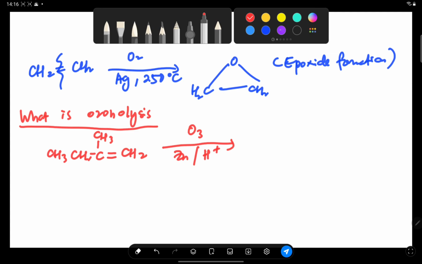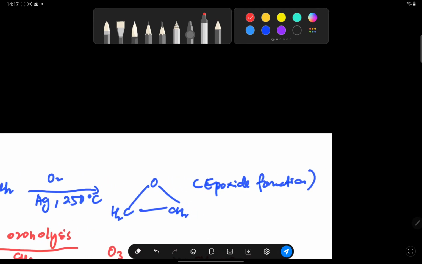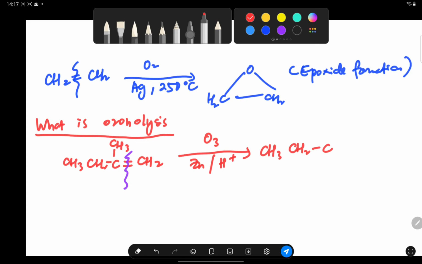So what happened here? What is the function of oxygen here? The oxygen will cleave the double bond and zinc will accelerate the reaction. And what happened here is it will produce CH3, CH2, C, and here is CH3.